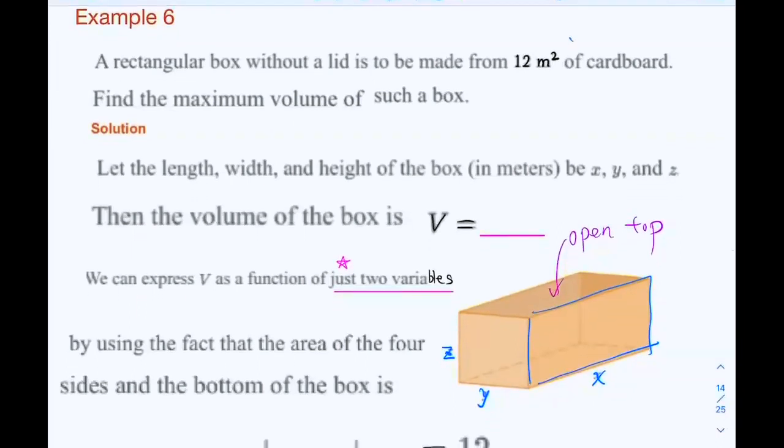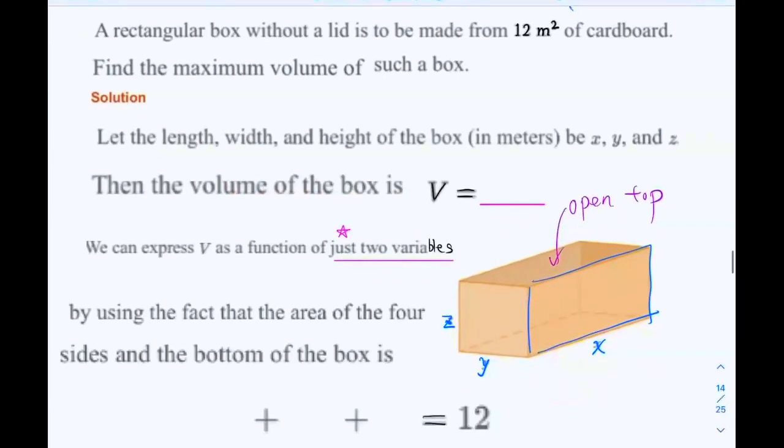So the volume of the box, okay, first we're going to define the variables. So x is the length, y is the width, and z is the height. So define the variables first. So the volume of the box is equal to what? xyz.